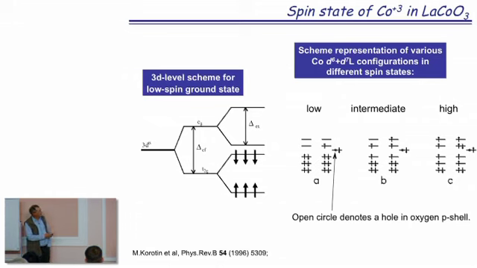It is explained by the following, that you have D6 configuration, and in the ground state, you have completely filled T2G levels, and completely empty EG. And then you have low spin, non-magnetic phase. But very close in energy, there are excited states where you have holes in T2G and 1 or 2 electrons in EG band. And this configuration is already magnetic, but they are very close in energy.